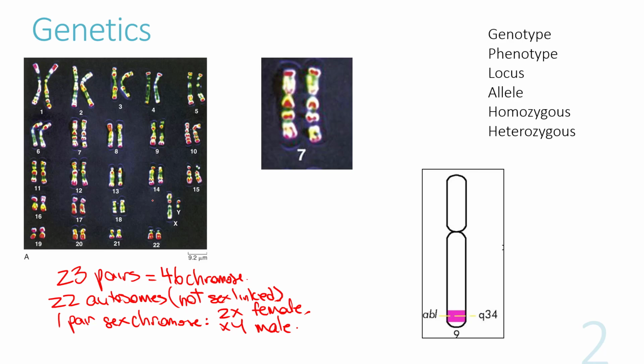And if you look over here in the sex chromosome, this is an X as well as a Y, you look at how much material the Y has compared to an X. We're going to talk about sex-linked conditions later on.